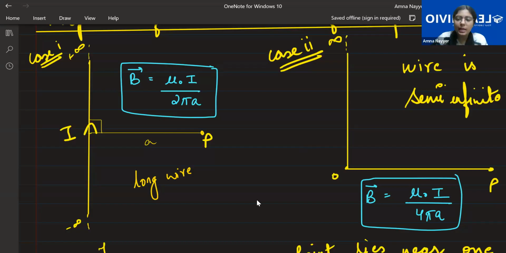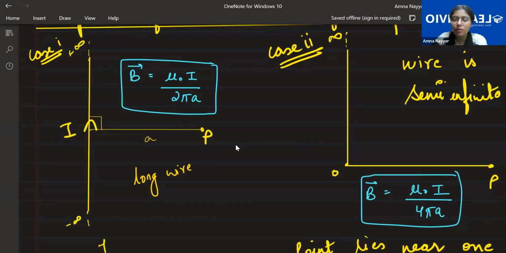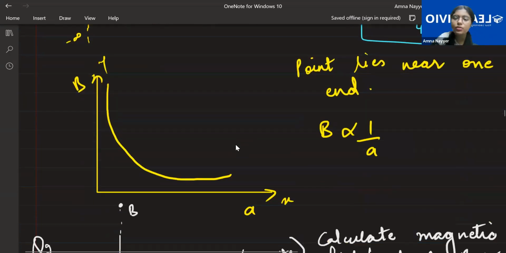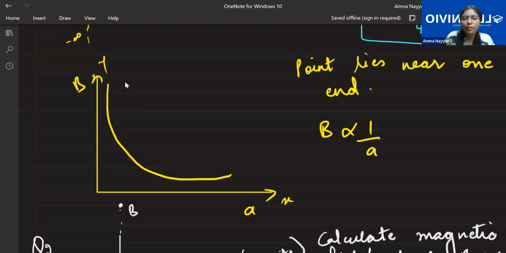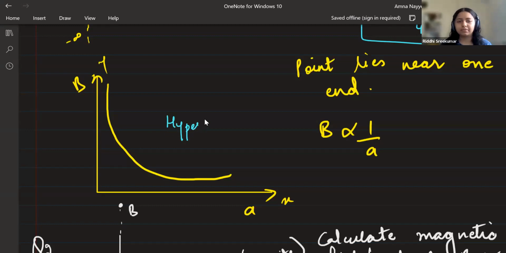And see, Riddhi, once a question came to plot the graph between the magnetic field and the position vector for infinitely long wires. So remember, the magnetic field is inversely proportional to the position vector. So here the graph will be, what kind of graph is this? Parabola? Hyperbolic. This is hyperbolic.